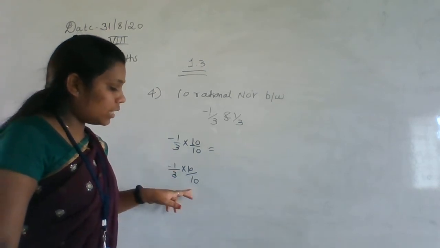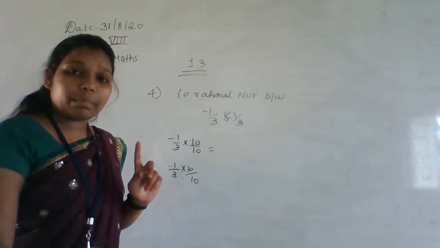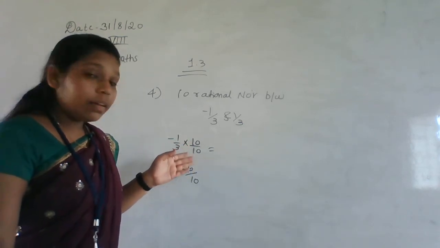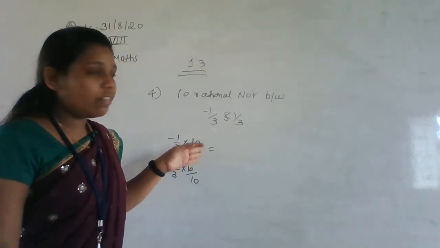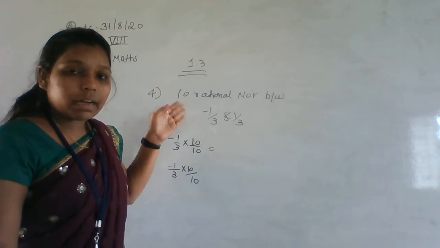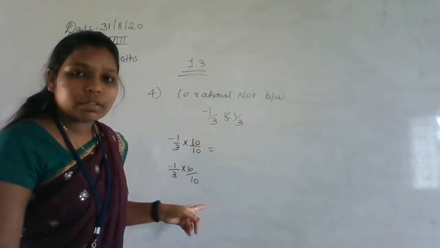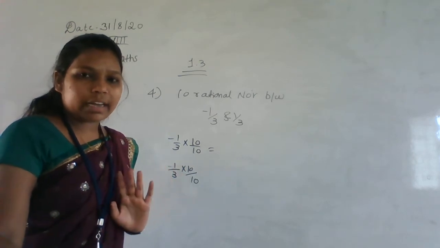We can't do like that, 5 here and 6 there. Whatever value you are multiplying, take 10 or take a bigger number. Then only we will get 10 rational numbers. If you want more rational numbers, then you have to multiply with bigger numbers only. Otherwise, you will get only 2, 3, 4, 5 rational numbers.